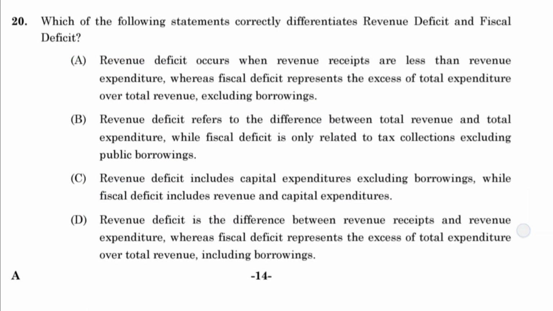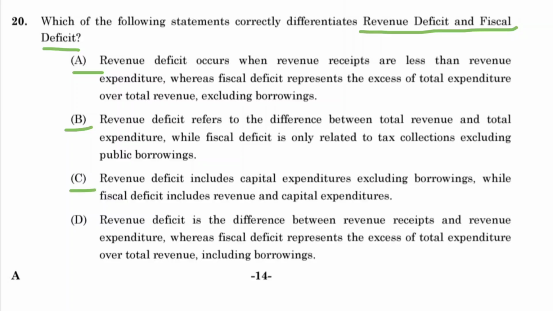20. Which of the following statements correctly differentiates revenue deficit and fiscal deficit? A. Revenue deficit occurs when revenue receipts are less than revenue expenditure, whereas fiscal deficit represents the excess of total expenditure over total revenue excluding borrowings. B. Revenue deficit refers to the difference between total revenue and total expenditure, while fiscal deficit is only related to tax collections excluding public borrowings.